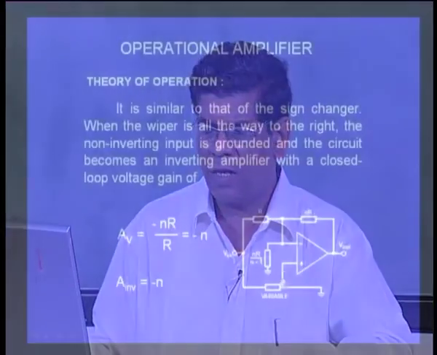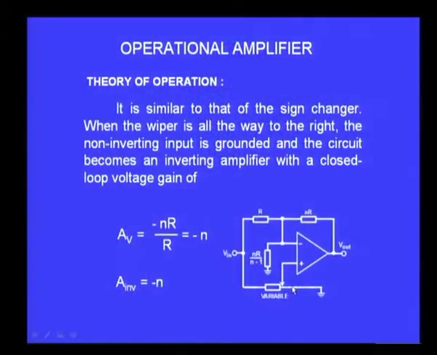So, now let us look at the circuit when the wiper is at the bottom end, the right end. When the wiper is at this end, you can see the non-inverting input is connected to the ground, and therefore, the input is only applied at the inverting terminal, and the feedback resistor is NR.